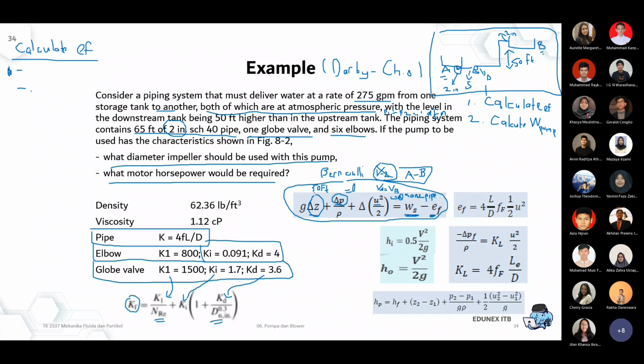But before you can calculate the Reynolds, you have to calculate the velocity. So that means you need to know the pipeline inside diameter, and then your velocity.